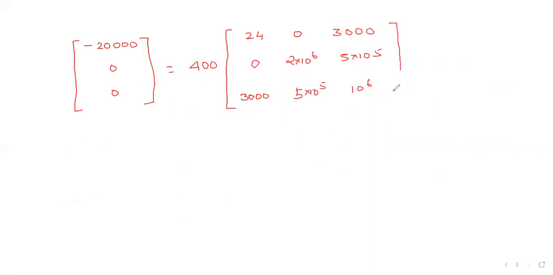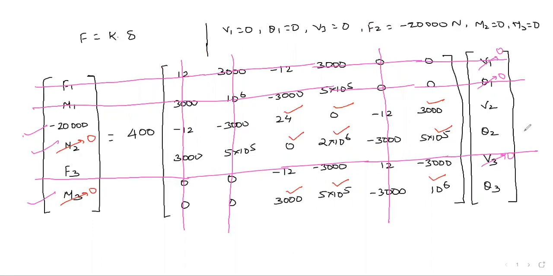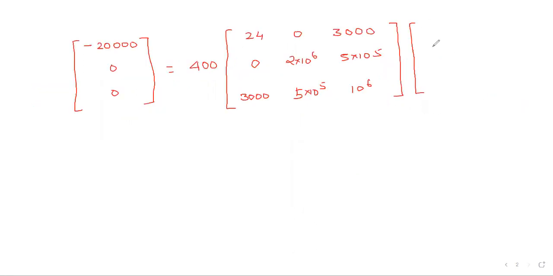And the remaining displacements are V2, theta 2 and theta 3. So we have this reduced matrix. Now from here we can write the equations.